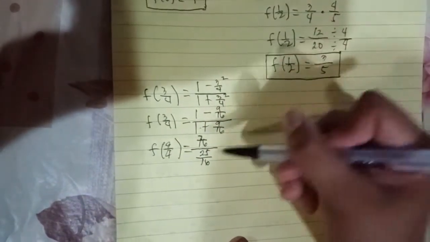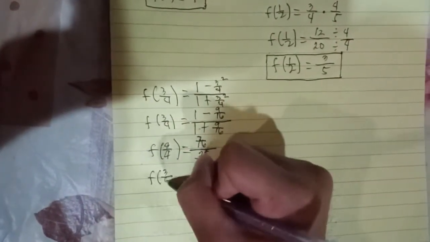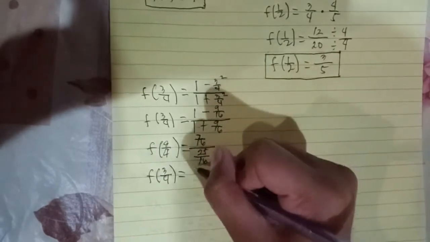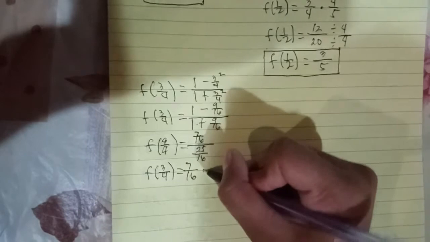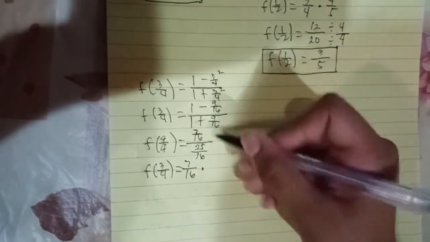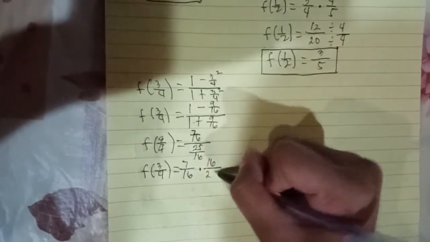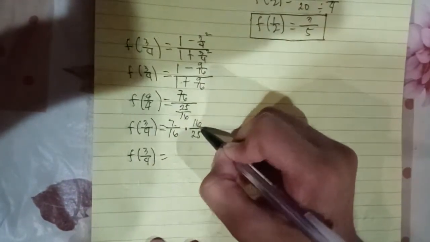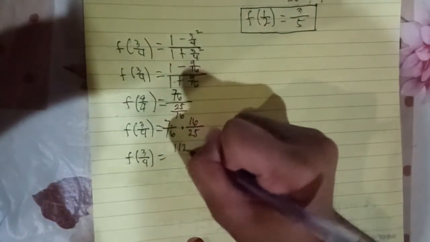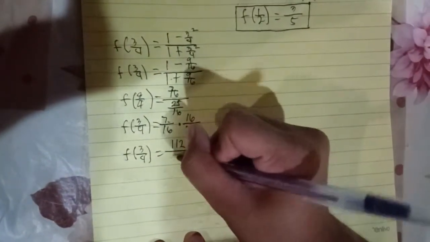So again, in dividing a fraction, we are going to rewrite it. So f of 3/4 is equal to 7 over 16. Multiply it by the reciprocal of the denominator, which is 16 over 25. So now, f of 3/4 is equal to 7 times 16 is 112 over 16 times 25 is 400.